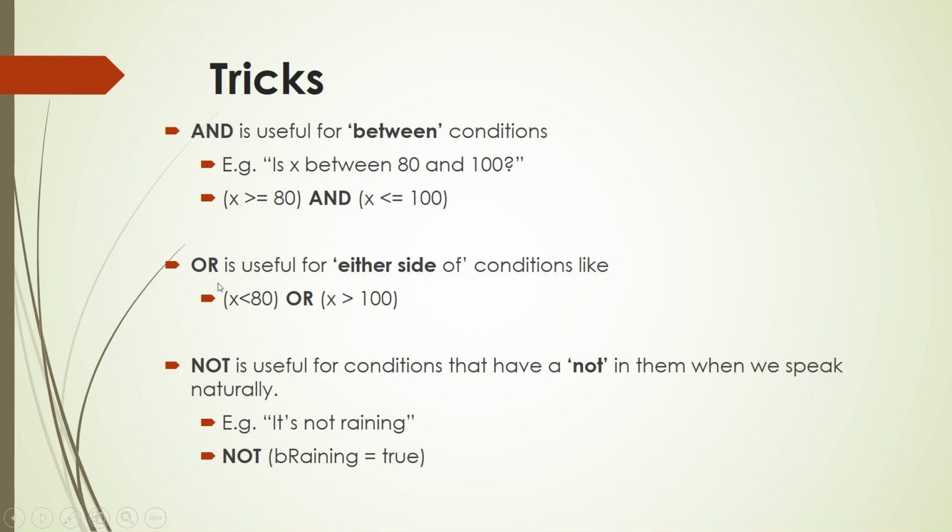The OR operator is useful for either side of conditions, like, is x less than 80 or is x greater than 100? The NOT operator is useful for conditions that have a not in them when we speak naturally. It's not raining. NOT raining equals true.